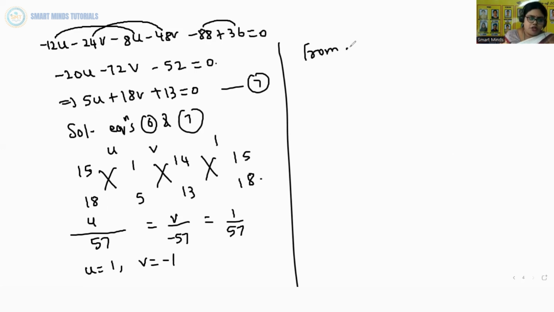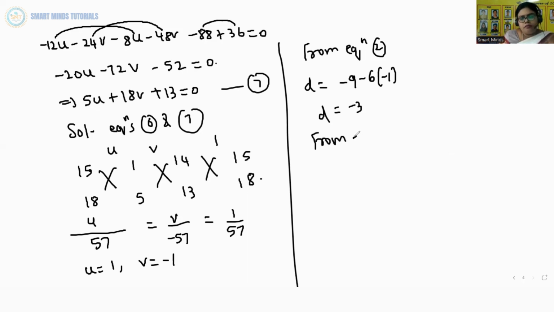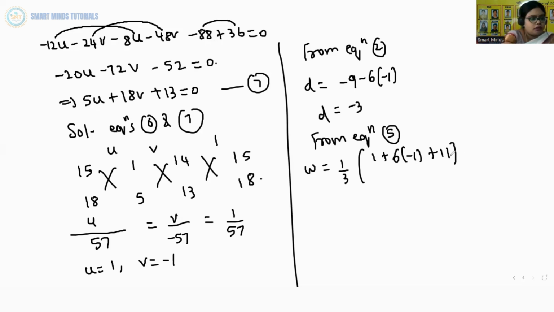Now from equation number 2, d is equal to minus 9 minus 6 into minus 1. That is d is equal to minus 3. Now from equation number 5, we get w. w is 1 by 3 into (1 plus 6 into minus 1 plus 11), that is equal to 2.